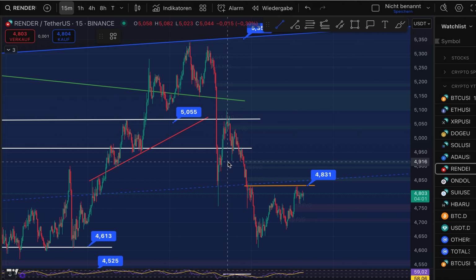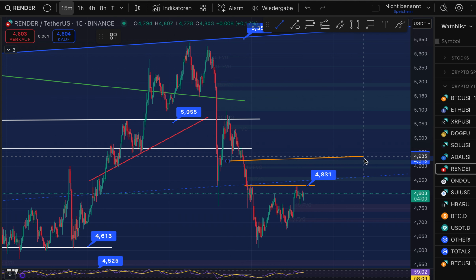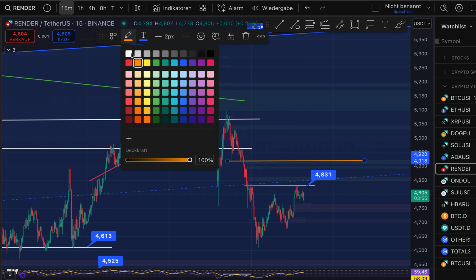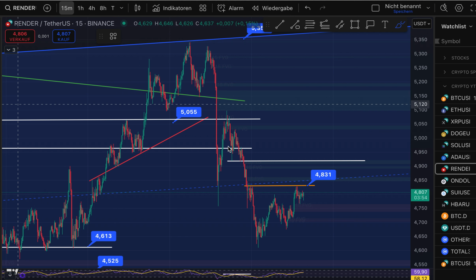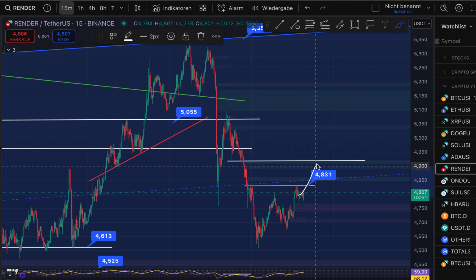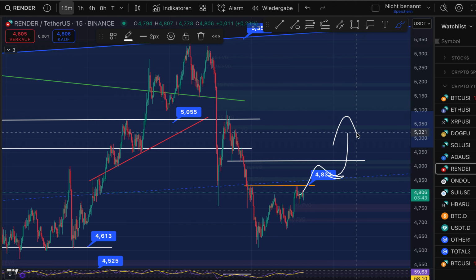That's the resistance which we have here. Then we got back over the center line and have to see if we use the center line afterwards as retest. If we do, then we can expect a nice push to the upside, which can even reach prices up to $5.05.